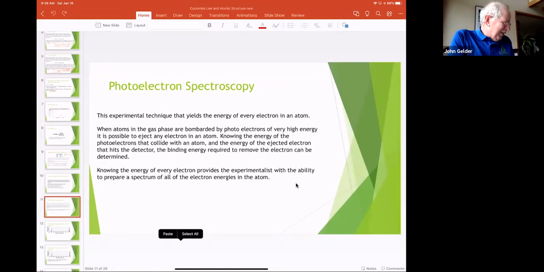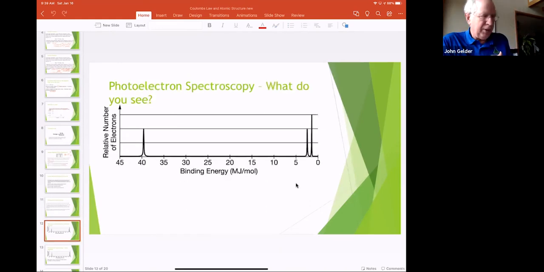So anyway, this PES, and what I wanted to do is let's look at a PES spectrum, because I wanted to ask you a few questions to get some sense of what information a PES spectrum provides us with.